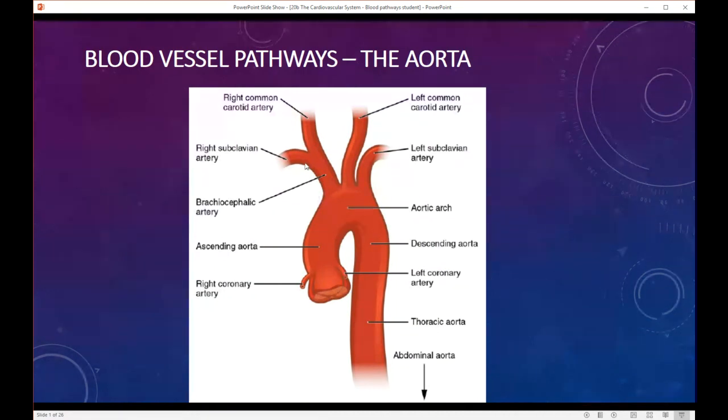Okay. Then your brachiocephalic is going to split into the right common carotid to hit up to the right side of your brain. And then the right subclavian is going to go under the right clavicle down through the arm. Then we have the descending aorta, and the thoracic aorta is going to become the abdominal aorta.